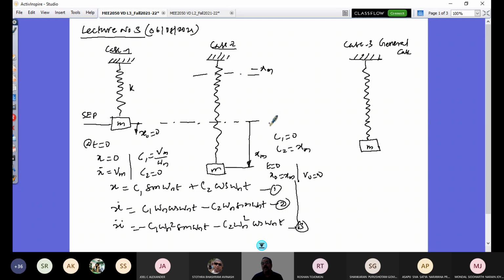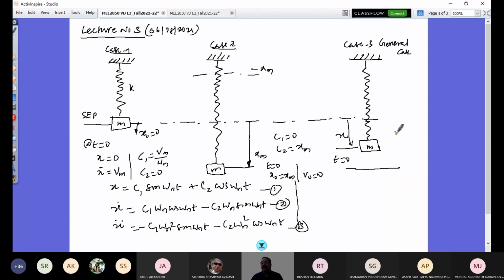The mass from the same static equilibrium point has not gone to this extreme position. Instead, it is at an arbitrary distance x at time t equals 0. So how can I do that? I can pull it to some distance and I can also give an initial velocity. If I do that, I would also be able to execute simple harmonic motion.